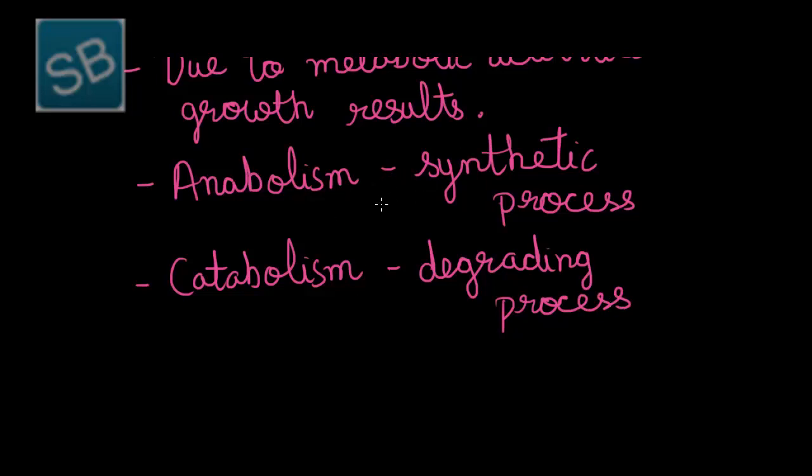In the body of an organism or plant, the anabolic and catabolic activities occur simultaneously and in a proper manner so that proper activity and functioning of the organism or plant occurs.